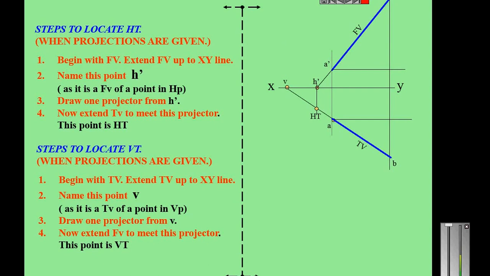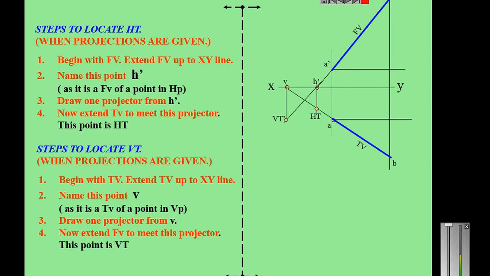And then how to locate the vertical trace? Extend the top view and it will touch the reference line; that point will be the small letter v. Small letter v is the top view of the vertical trace. Draw a perpendicular line through v and then extend the front view. That front view will touch that line. That point is called the vertical trace.